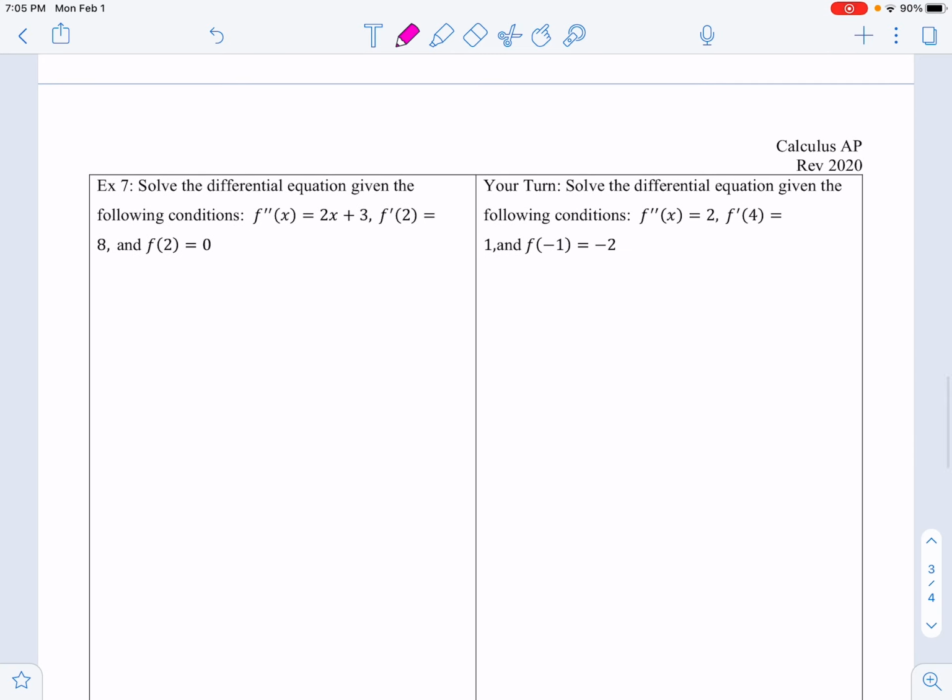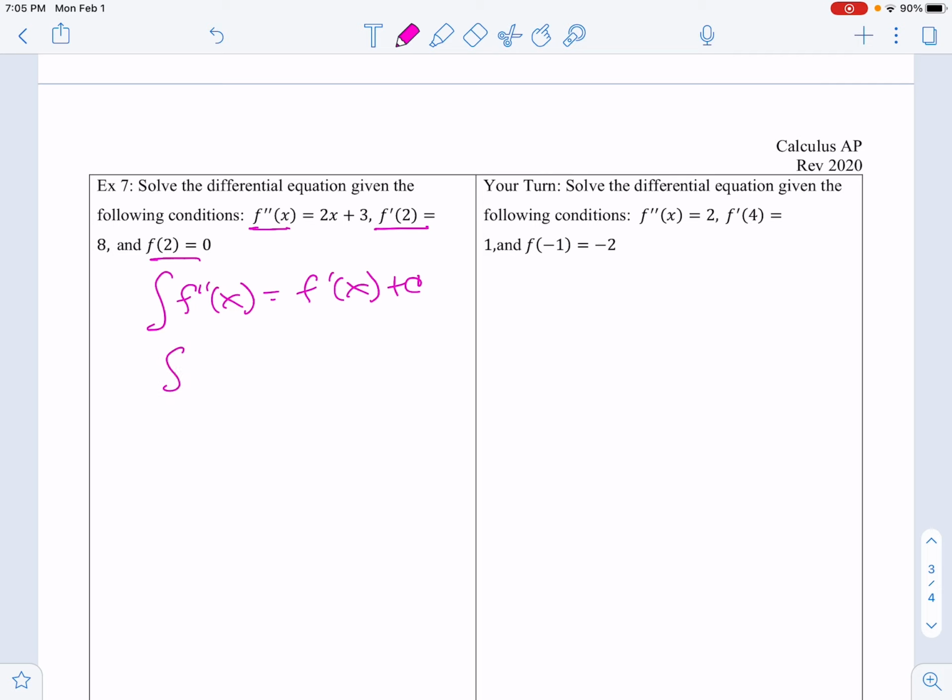These are kind of interesting. They give you the second derivative. They tell you something about the first derivative and the function. And they want you to get all the way back to the original function. So if I integrate f double prime of x, I'm going to get f prime of x plus c.